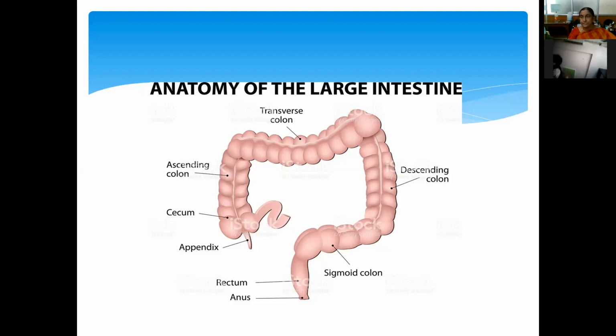It opens through anal orifice. So at the ileocecal junction, the starting point of the large intestine is the cecum. It is leading into ascending colon, then transverse colon, descending colon, sigmoid colon, rectum, and anal canal.